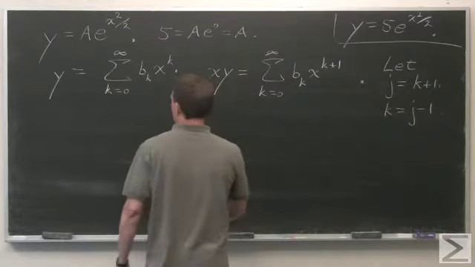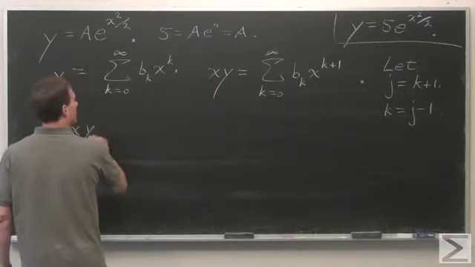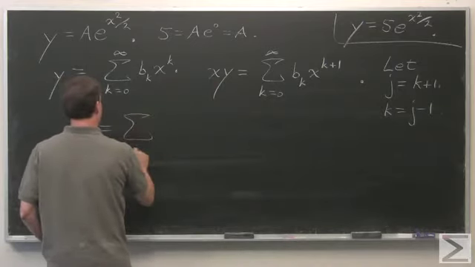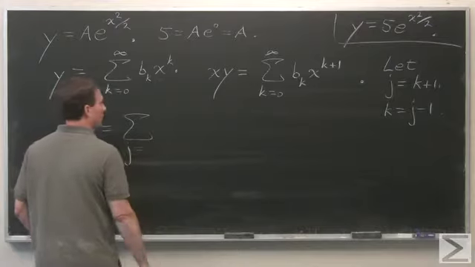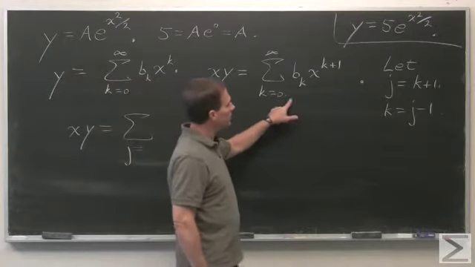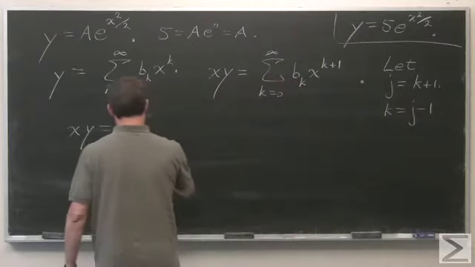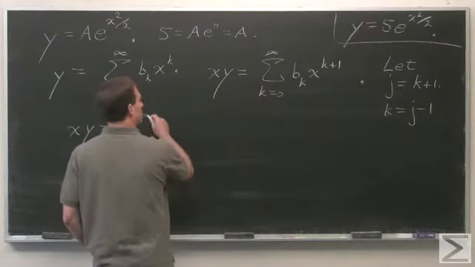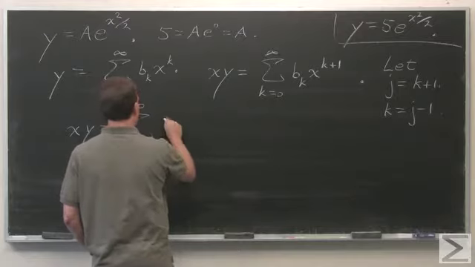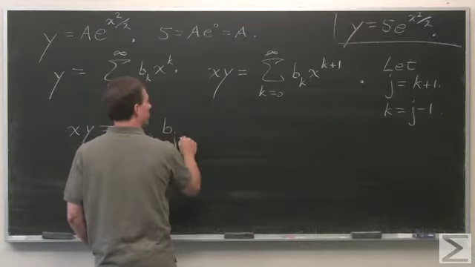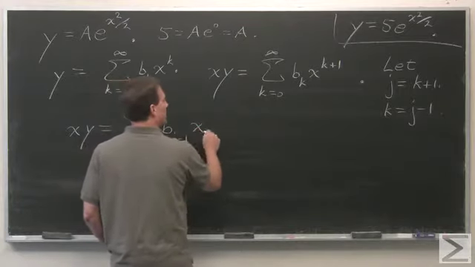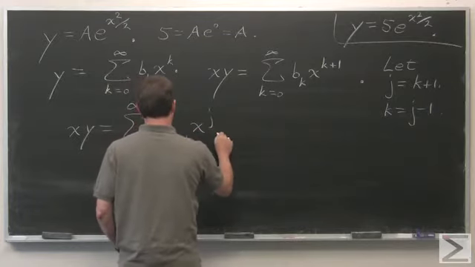Well now, x times y then is the sum. We're going to write everything in terms of j. k starts at 0, so j starts at 1. And as k goes to infinity, j goes to infinity. b sub k is b sub j minus 1. x to the k plus 1 is x to the j. And so we get this.